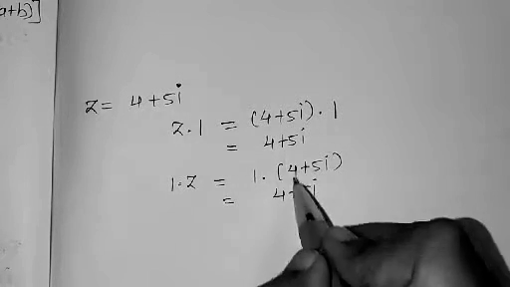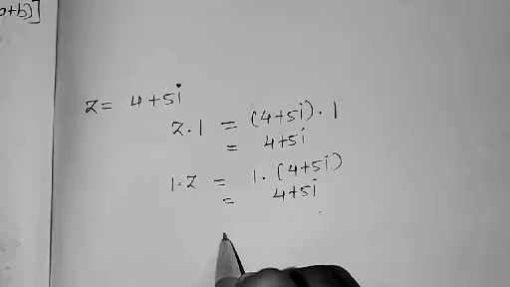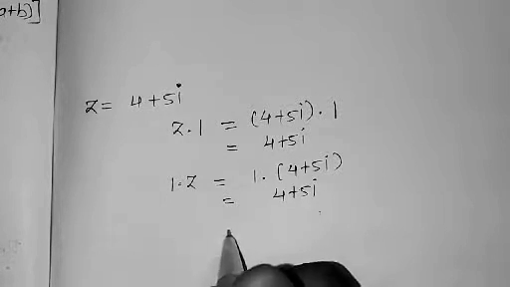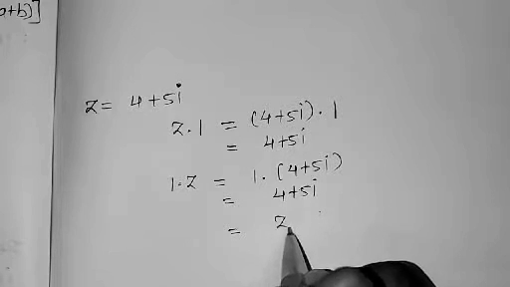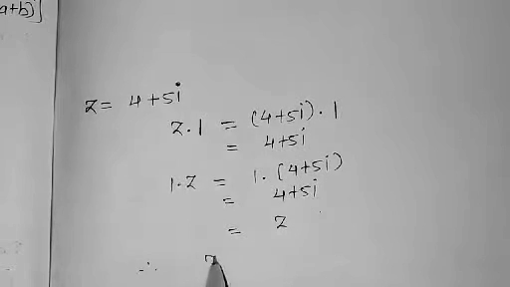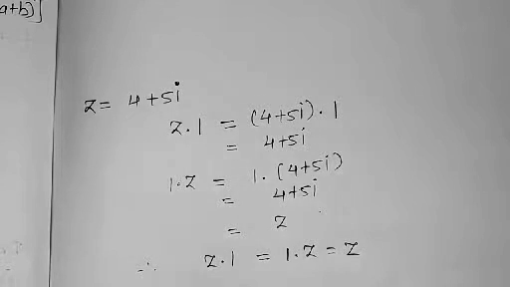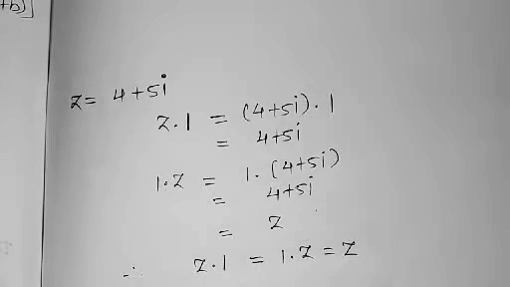So from these two equations we get the same result, that is 4 plus 5i, and this 4 plus 5i is nothing but z. Therefore the property that z into 1 is equal to 1 into z is nothing but z. So from this you can verify the remaining properties.